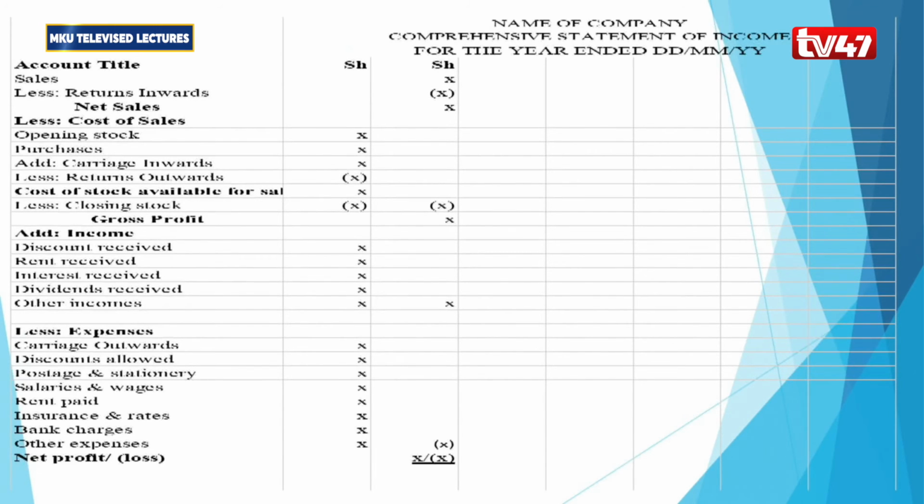And then of course that is simply a cost that the business should be in a position to absorb. Another expense we have is postages and stationery. You can also talk of office supplies or office consumables.